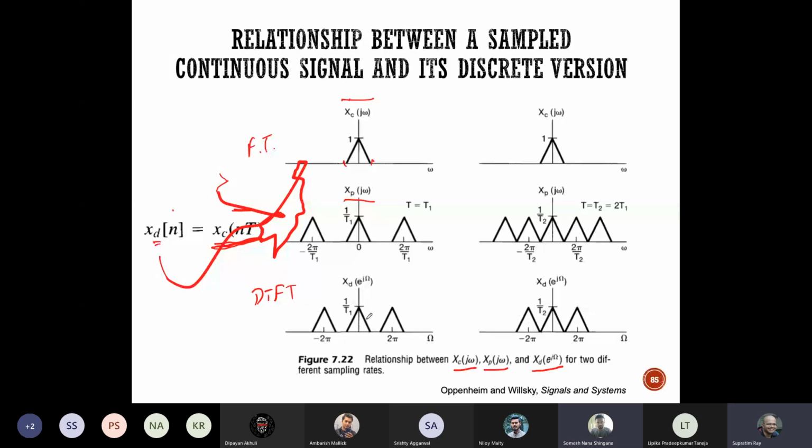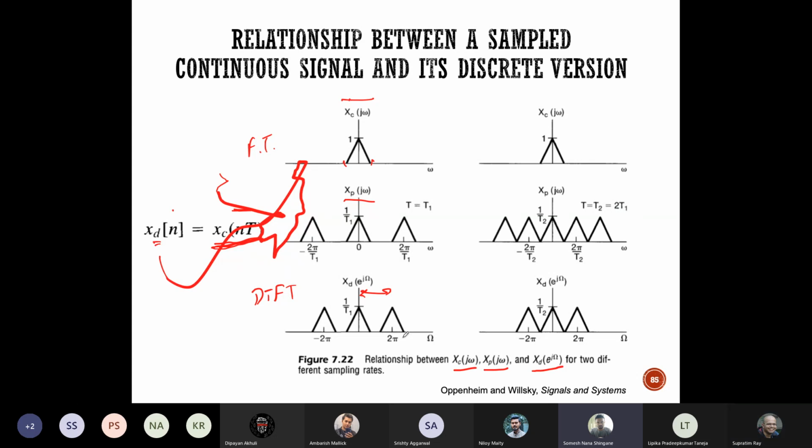Yeah, it starts again after every 2 pi. This was repeating after every 2 pi by T. Okay. So yeah, the DTFT always repeats between 0 and 2 pi. That's always the case. Does that answer the question that you had? So yeah, that answered the first part.